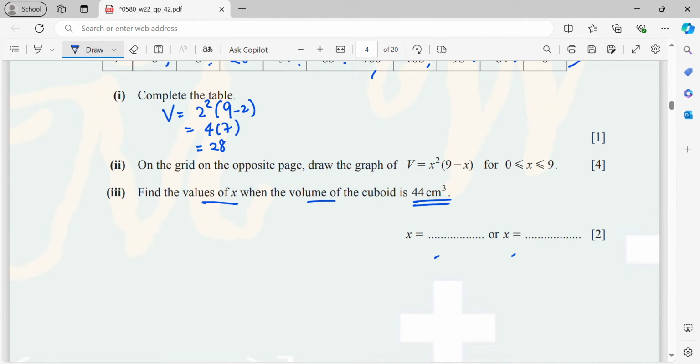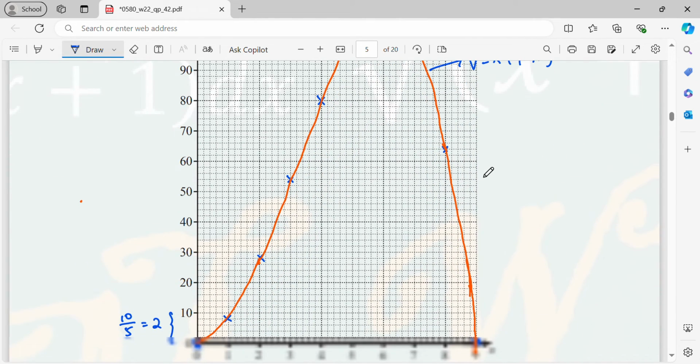So you have two x values. So 44 centimeter cube, 44 is here. It depends on your drawing.